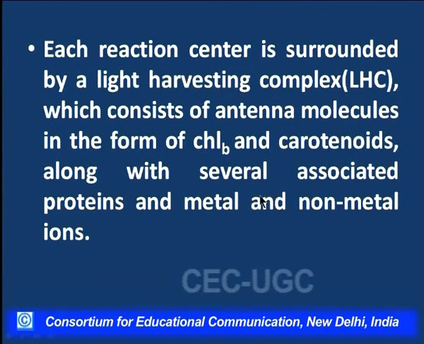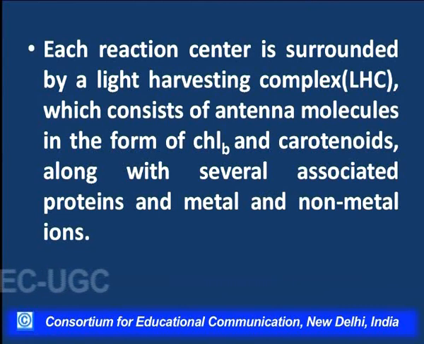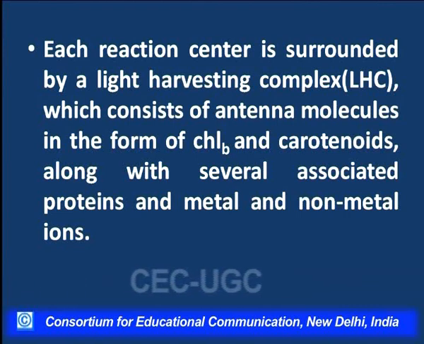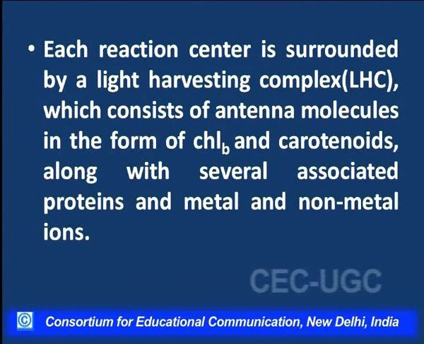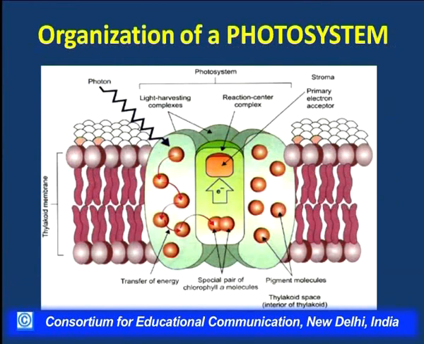Each of these photosystems would have its own antennae, its own reaction centers, its own individual specialized proteinaceous electron carriers, apart from metal and non-metal ions. So each of the pigment systems or photosystems is unique in itself.